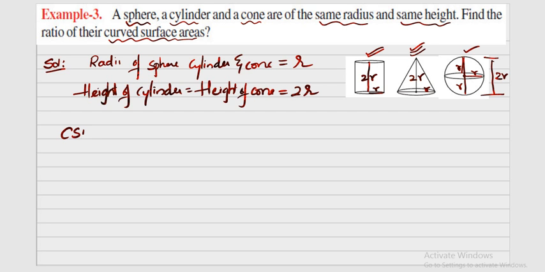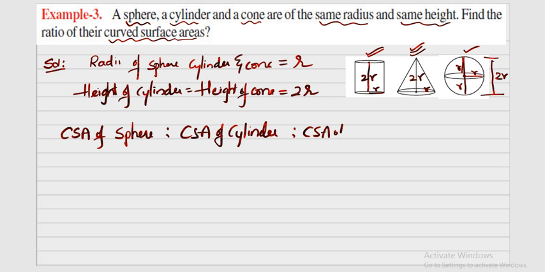Now finally I need to get the CSAs of the respective figures. So first of all I am taking the CSA of sphere is to the CSA of the second figure, cylinder, is to the CSA of the final one, cone.